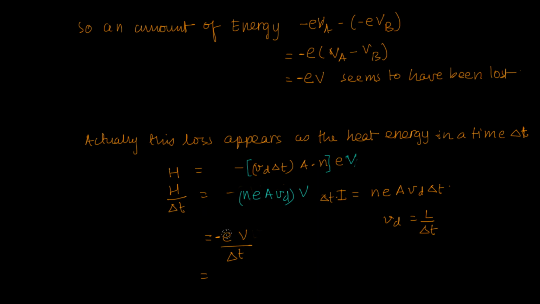n e A v_d is nothing but I. So this is the total heat energy per unit time. And if I take the mod of it, this is the power.